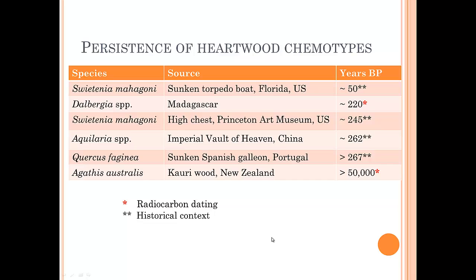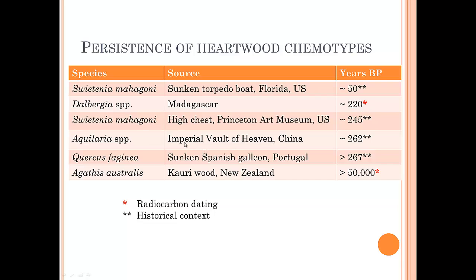Another question that's been posed to us is, what is the persistence of these chemicals in the hardwoods, or of the chemotypes? And here's an example of 6 different experiments that we've done. We've had examples of sunken torpedo boats that were Swietenia mahogany, had been sunk for over 50 years. We have examples of timber from Madagascar that was carbon dated at 220 years.